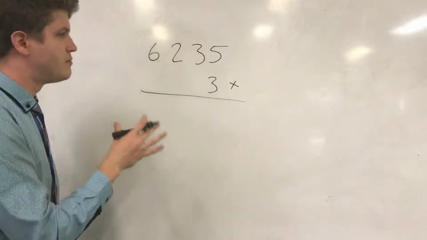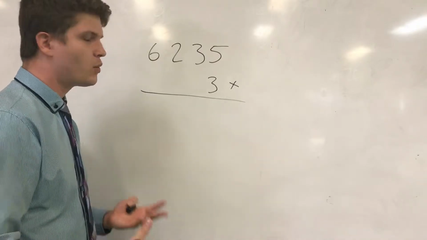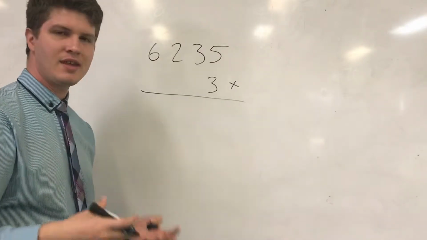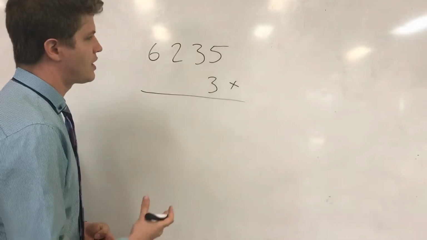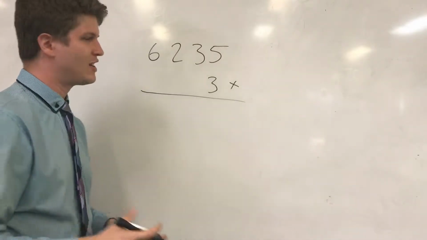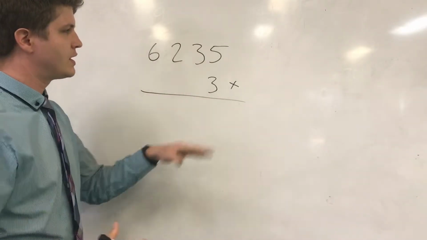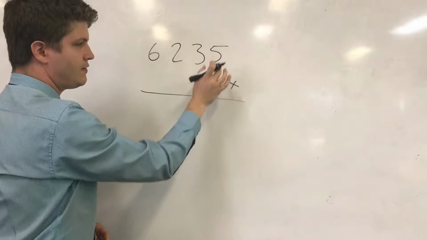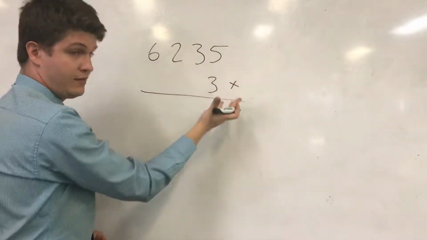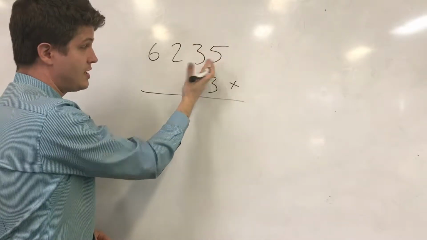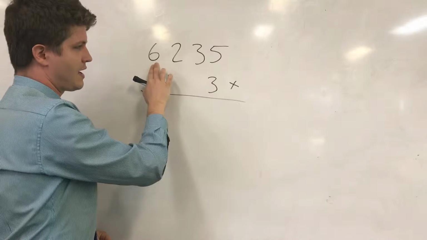But why does the multiplication algorithm work? So we're just doing essentially the same thing as the area model, we're just neatening it up a bit. But sometimes that splitting into the place value isn't really obvious, of well, that's what we're actually doing here. As we times the 3 by the 5, and the 3, the 2 and the 6, we're actually going 3 times 5, 3 times 30, 3 times 200, 3 times 6,000.